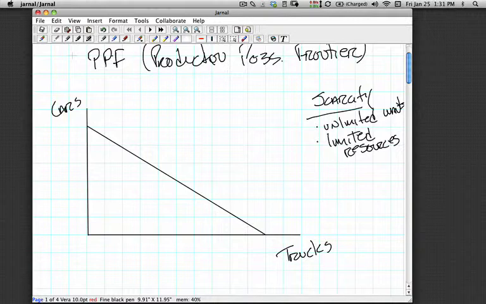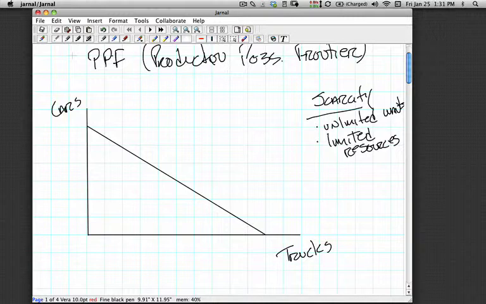And so this defines for us a line. This line has a y-intercept of all cars, no trucks, and an x-intercept of all trucks, no cars. And it provides us a measure of the total amount of product that could be undertaken given limited resources.